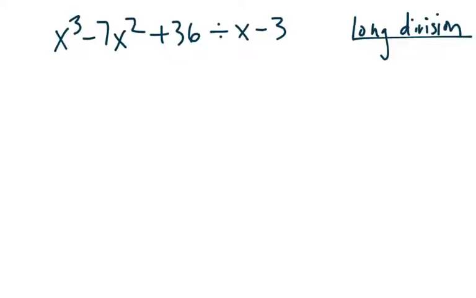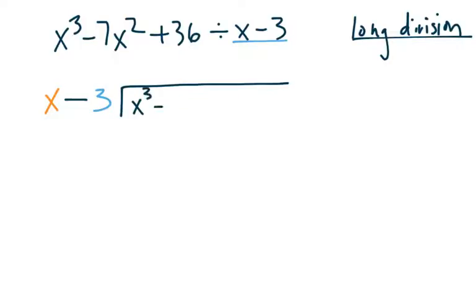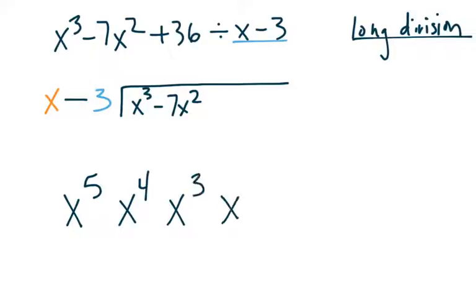So the way you set it up with long division, x minus 3, this guy, goes into, and then you write your polynomial. Now, there's something to note about when you write your polynomial. Whatever your highest term is, say it's the 5th, you have to have every single exponent underneath that.